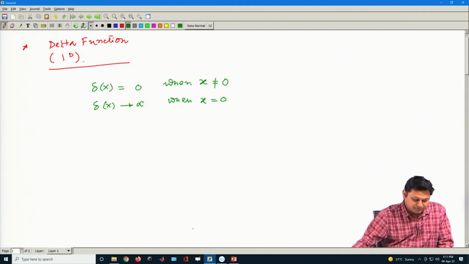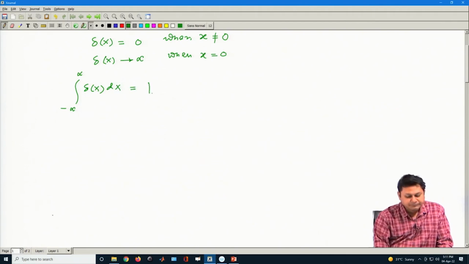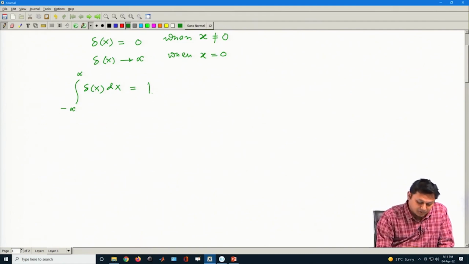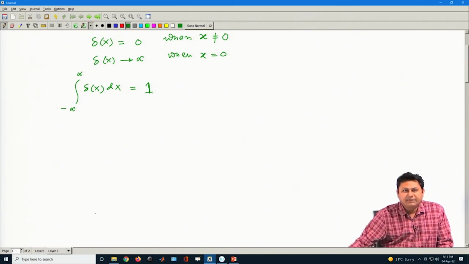Not only that, we have another very important property: if I integrate this function over the entire x axis, because we are taking one dimension, then this value is 1. Okay, this value is 1.